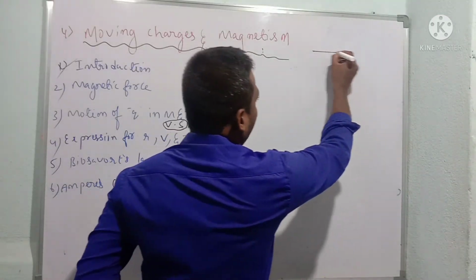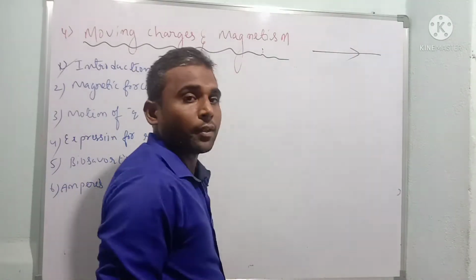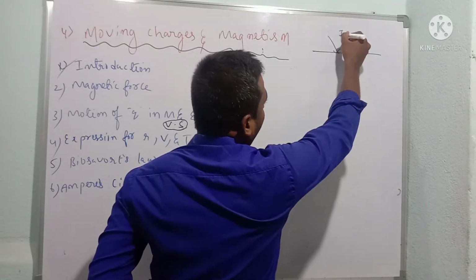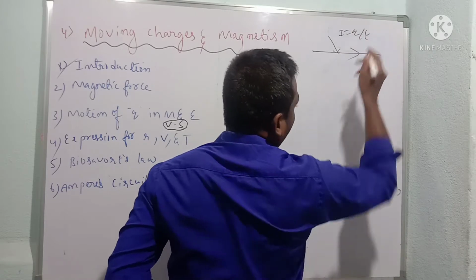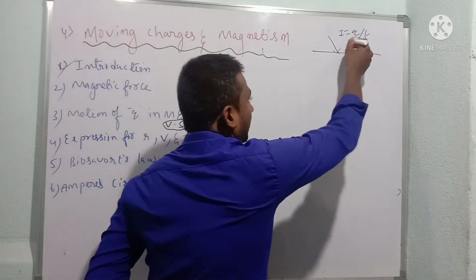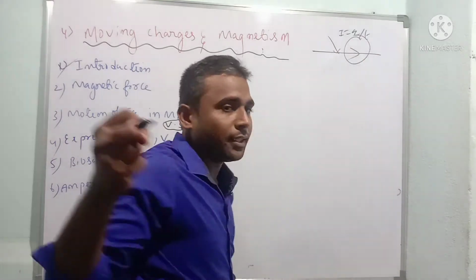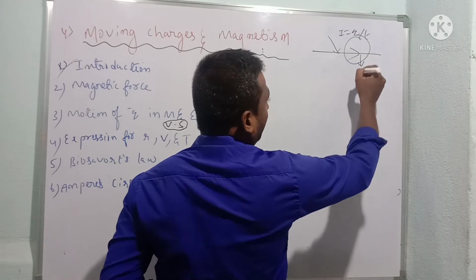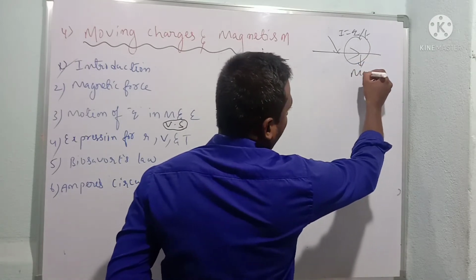Imagine if it is a conductor. As I told you, the rate of flow of electric charges is called electric current. Now, what is my point here? Around this, what is present? There is an attractive force, which is nothing but magnetic field.